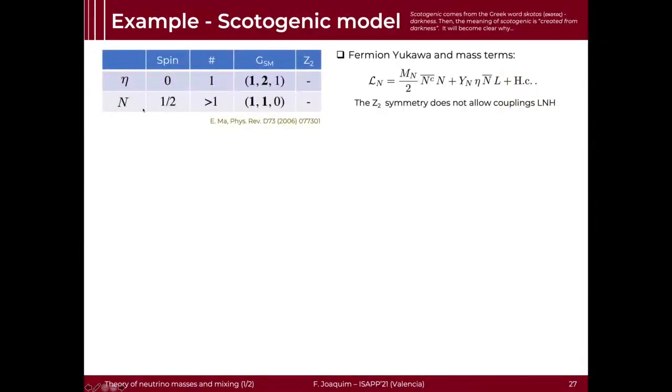Okay, and we also introduce new fermions, which are also odd under the Z2 symmetry. It's usually called the dark sector, and you will understand why.